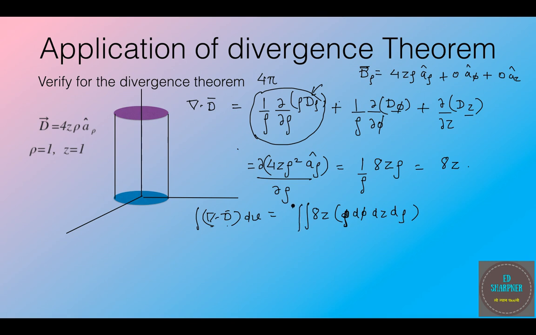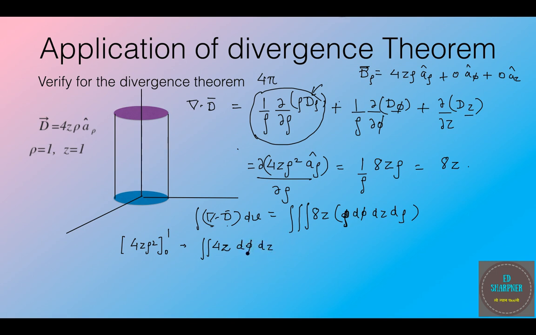So this is a triple integral, so we will just write 3 integrals. Now we will integrate this with respect to rho first. We have 8z rho. If we integrate this with respect to rho, we get 8z rho square by 2, which is 4z rho square. And now with the limits of rho from 0 to 1, it turns to 4z, and we have 2 more integrals to be computed now, d phi and dz.